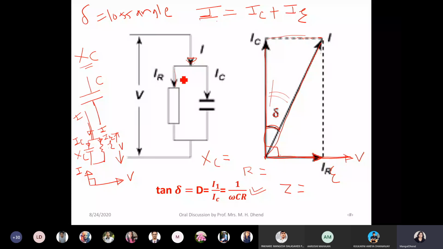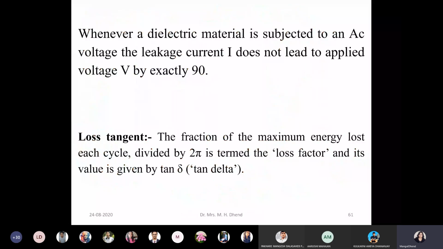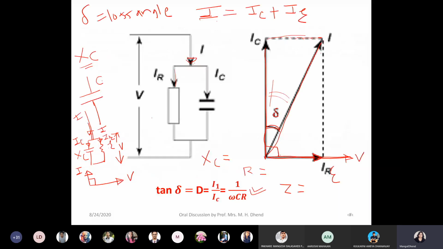So you have to understand what the loss factor is. Now how will you define loss tangent? The fraction of the maximum energy lost in each cycle divided by 2 pi is termed the loss factor, and its value is given by tan delta, because we have seen that tan delta is equal to 1 upon omega C R.